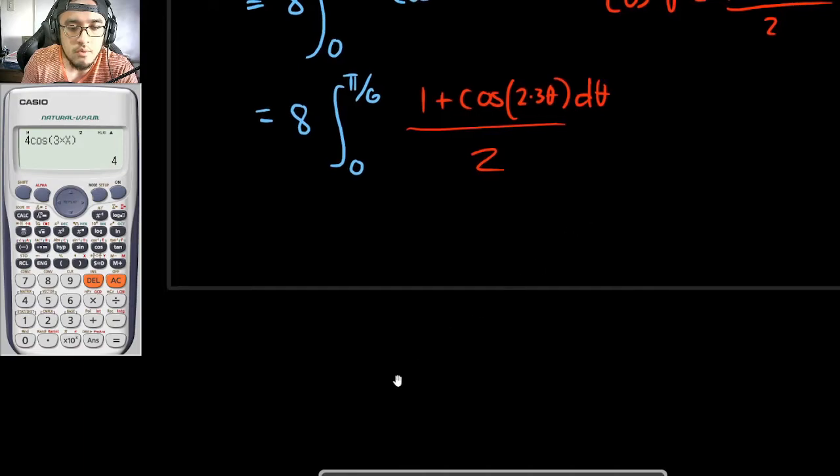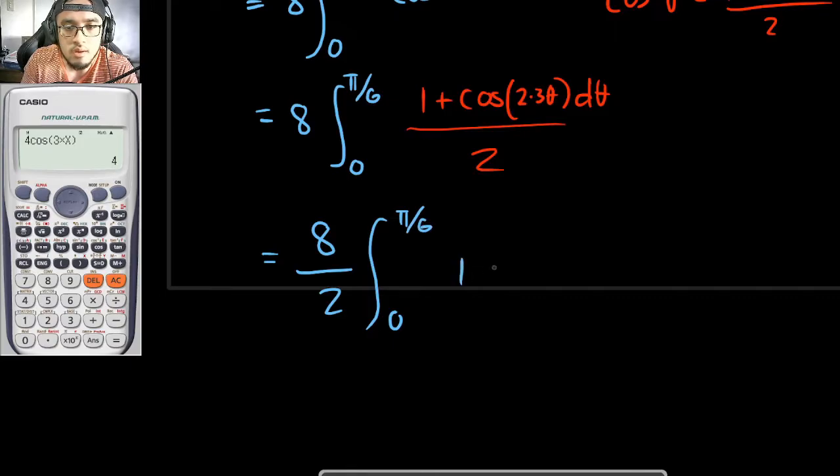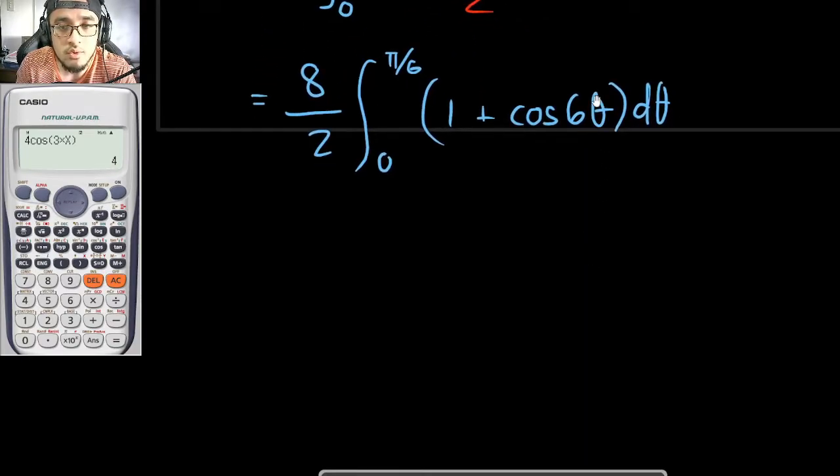Once again, moving forward, this is now equal to 8 divided by 2, so this would just go here, times the integral of 0 to pi over 6, 1 plus cosine 6 theta d theta. I'm pretty sure you already know what to do in this part right here.